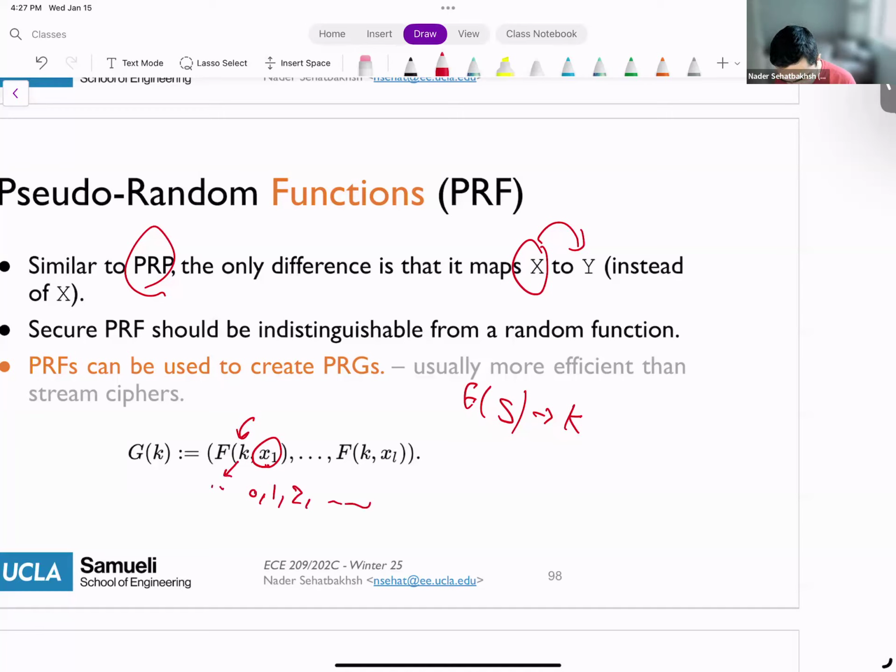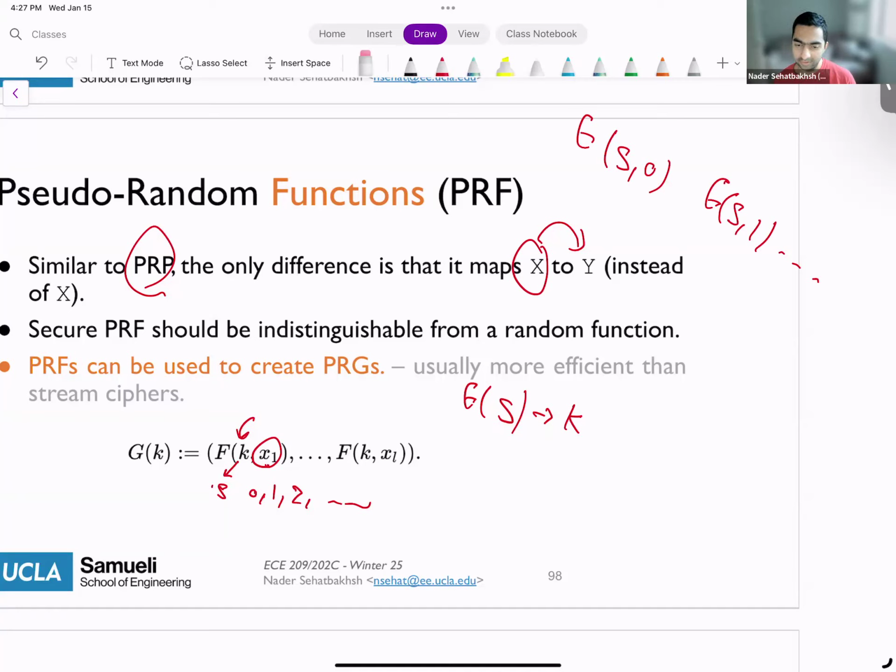And this K is essentially our S, okay? So if I want to generate 10 round keys, I have my seed. I generate one time with F of S and 0, another time with F of S and 1, and so on and so forth. I'm going to get 10 round keys. I can keep doing this if I want to generate more and more keys, okay?